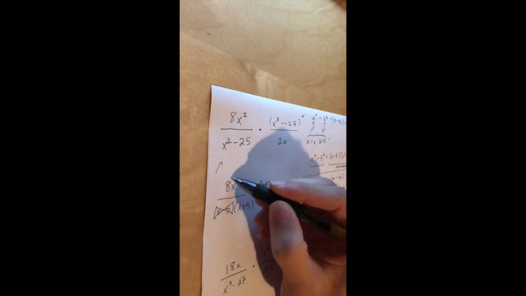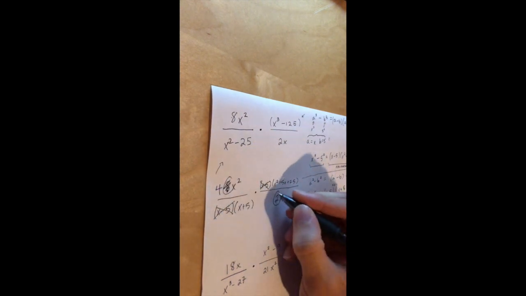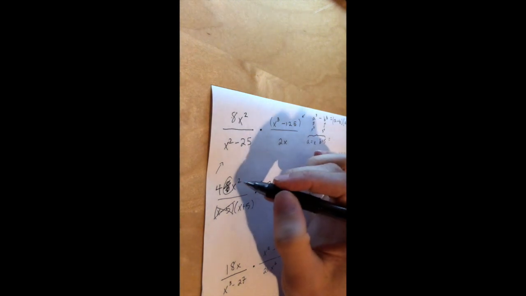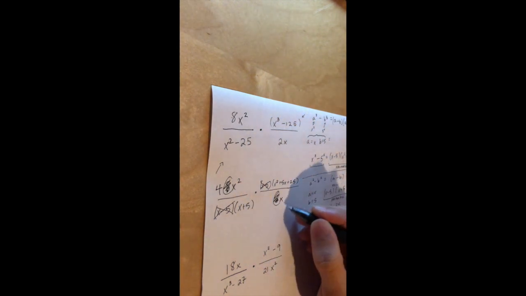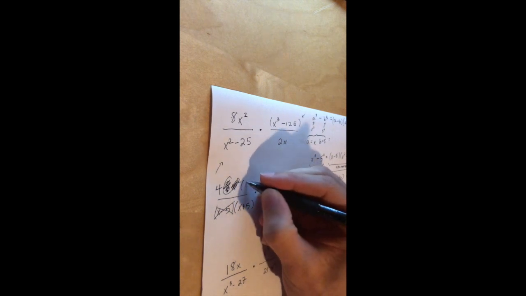Now I'm also noticing we can cancel out the 8 and the 2. 8 over 2 is the same thing as just having a 4 on top, because 8 divided by 2 is 4. We might also notice that this x squared can cancel out one of these x's. x squared is actually x times x, so one of these x's can cancel out the x on the bottom, and you're left with an x up there.